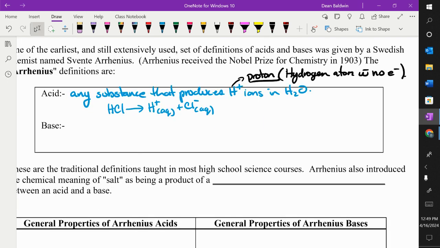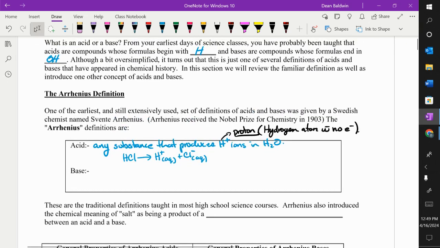What do you think the definition of a base is? Well, let's look at this. We used to say things that began with an H were acids, and things that ended with an OH were bases. So what do you think the Arrhenius definition of a base is? Basically, when you put something in water, it produces hydroxyl ions.